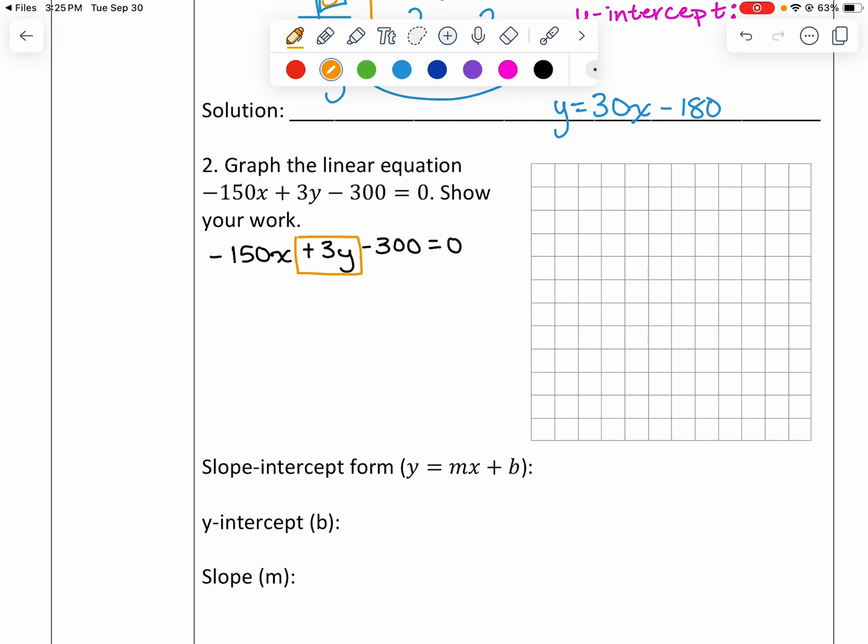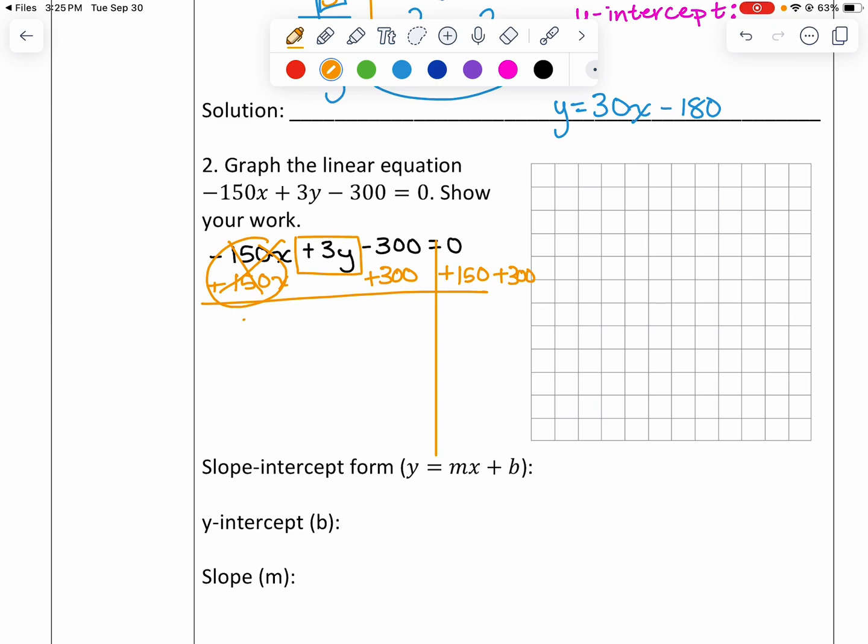So first I need to move over the x values and just the constants. So if this is negative, when I move it over to the other side, it will be positive because I'm going to add 150x and I'm going to add 300. And I also have to do it on this side.